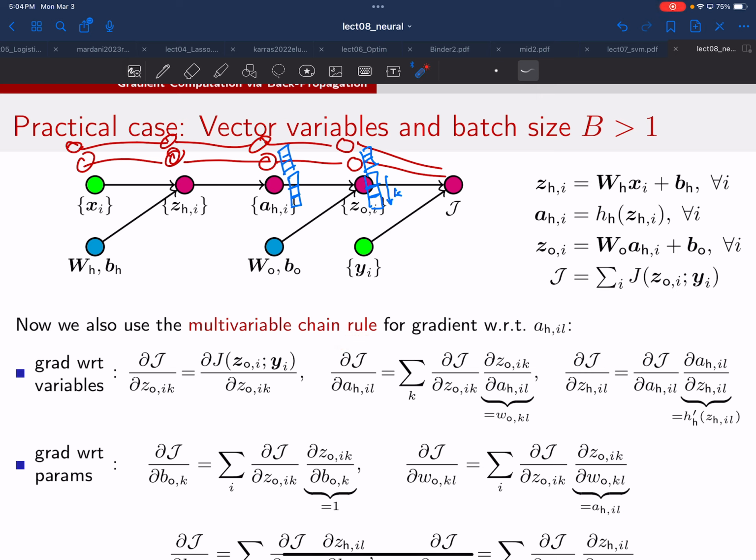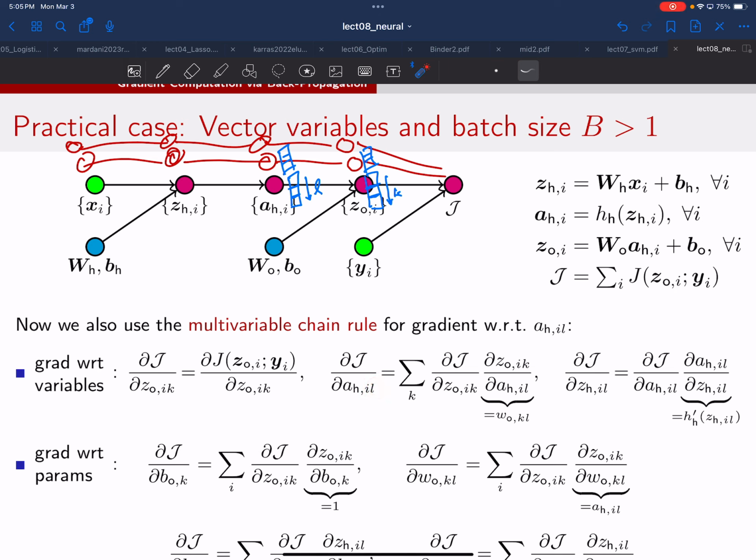I'm looking at one of these in particular, and I want to know how the information flows from here to there. So you can see that there's this decoupling across the i's, which is nice. But if I think about the other variables, in this case I'm using l, and I'm using l to index across the elements of the a vector.